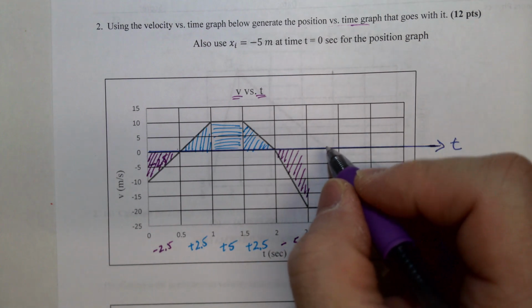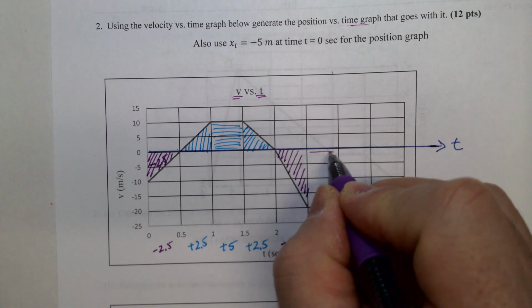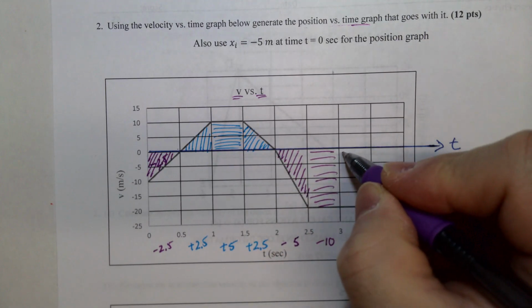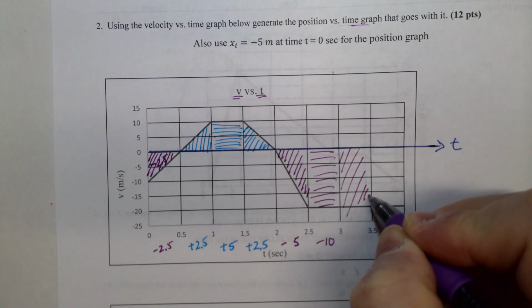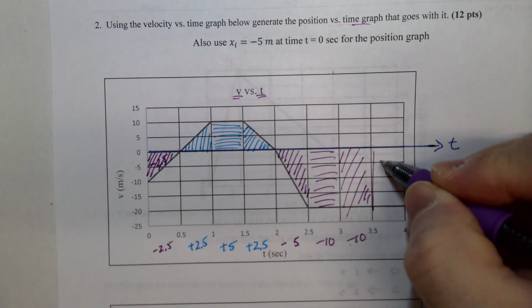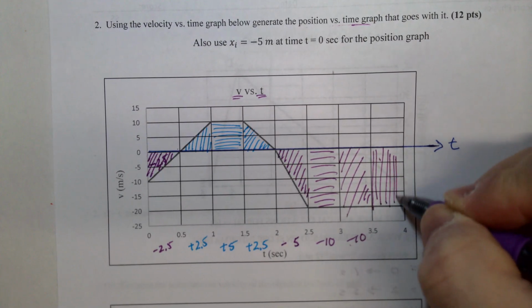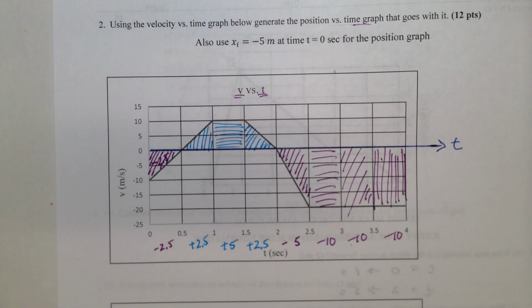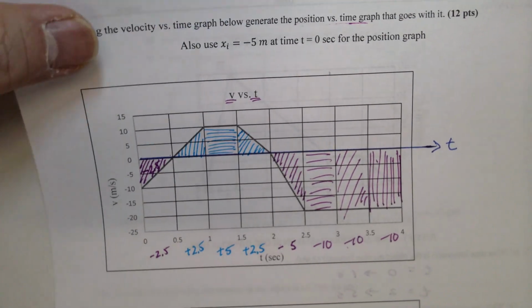Then we have this, which is -10, and then we have this, which is -10, and then we have this, which is -10. So are we okay with that so far?